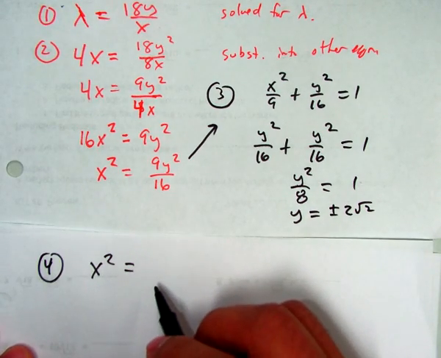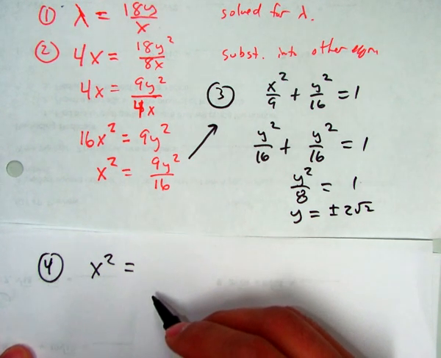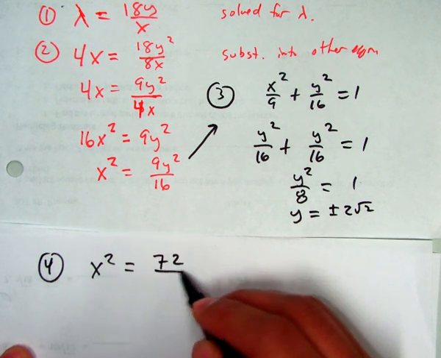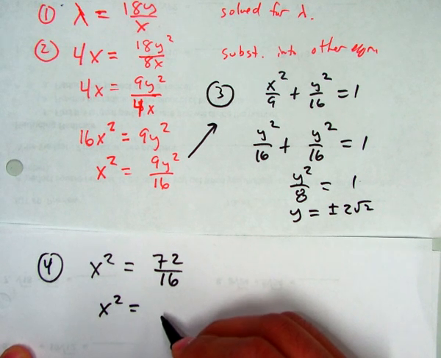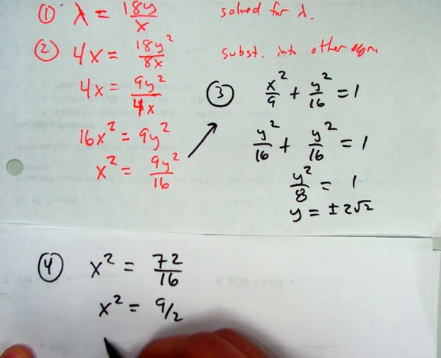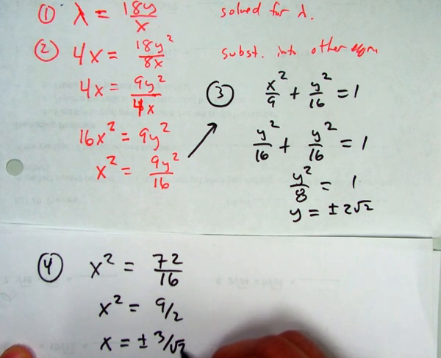So I'm going to plug in 2 root 2 and square that to multiply it by 9. So 9 times 8 is 72. So then x squared, you can, let's see, divide by 8, so 9 halves. So then x would be plus or minus 3 over root 2.